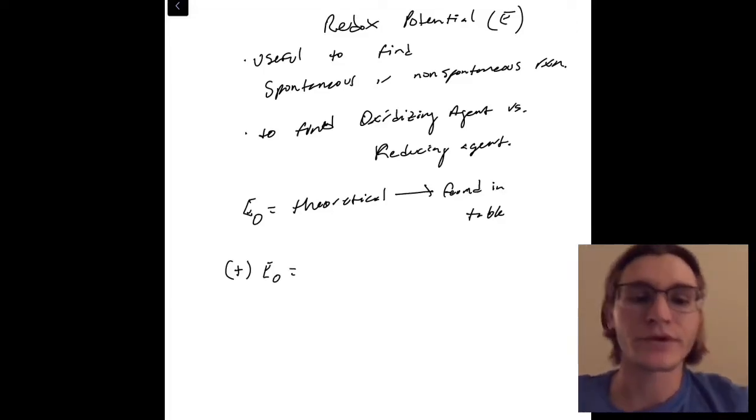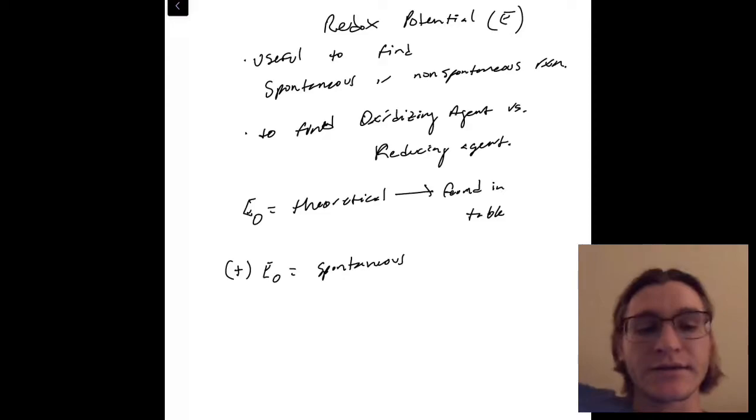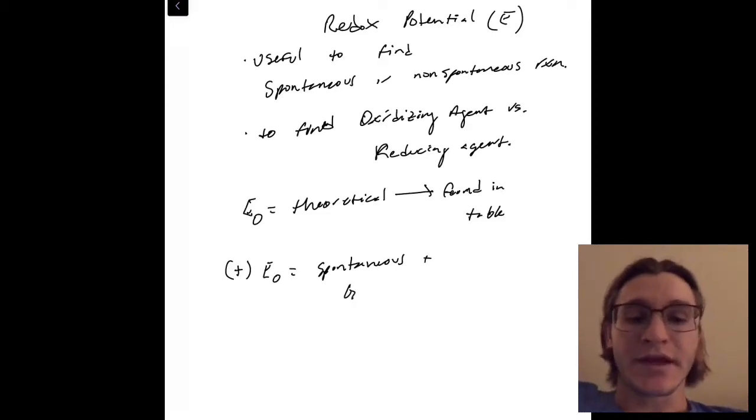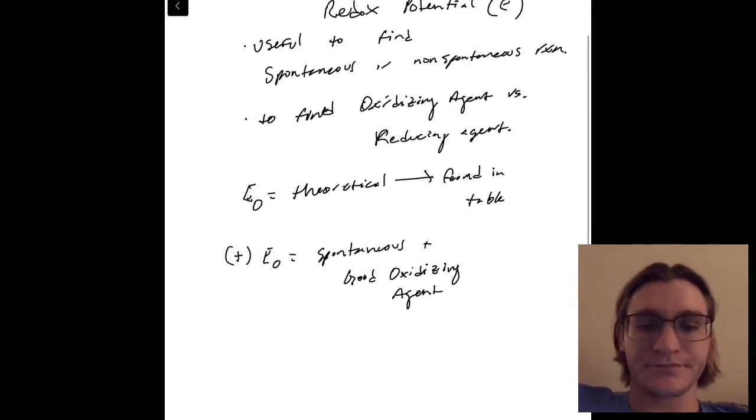As I'm writing here, positive E0 shows spontaneous and a good oxidizing agent. Let's get down to the nitty-gritty. Some of this may be confusing, but it's a lot of memorization.